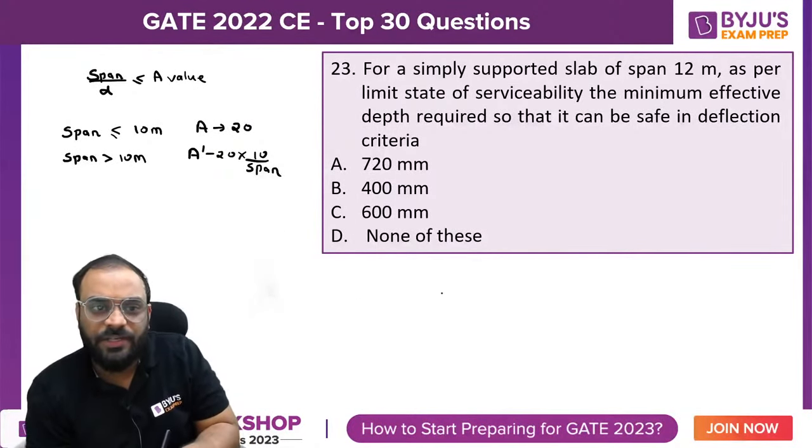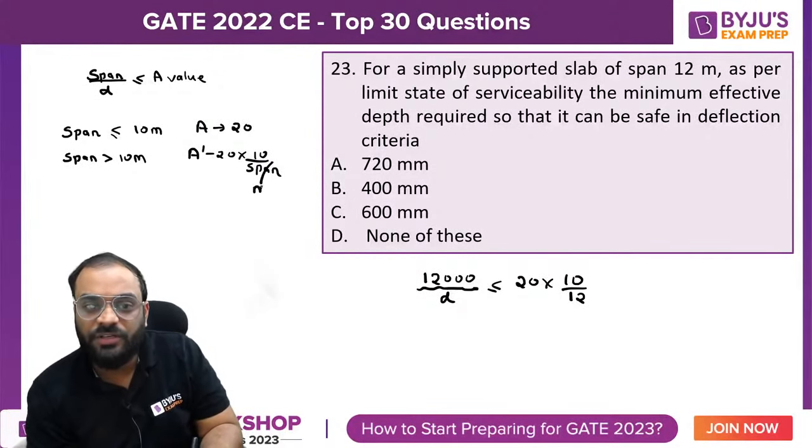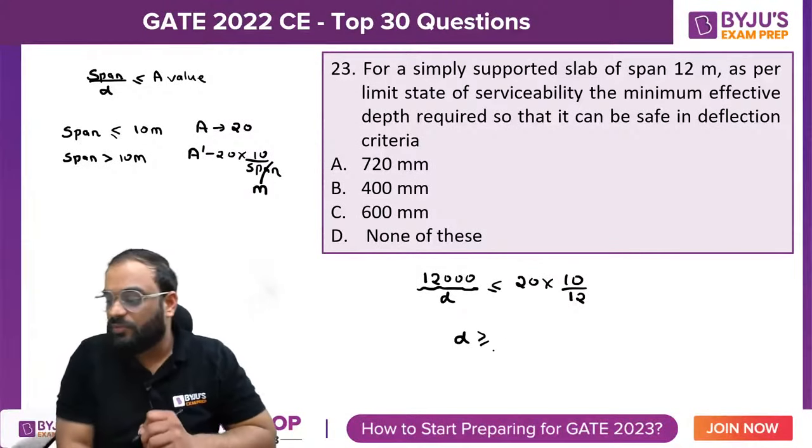Now let's use this data and solve the problem. So span is 12 meter, so that will be 12000 in mm. D we don't know, less than or equal to A value. So A value is 20 into 10 divided by how much? Now you need to put the span in terms of meter. Just find the value of D. It should be greater than or equal to how much?